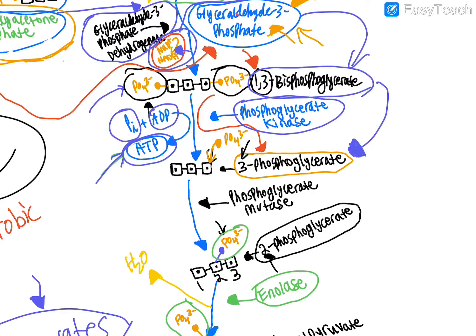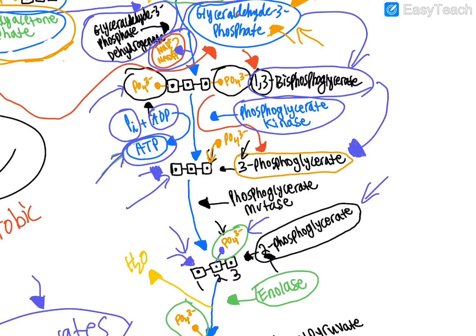It's still a 3-carbon molecule, but what changed is that the phosphate went from the 3-carbon to the 2-carbon, so we now call it 2-phosphoglycerate.